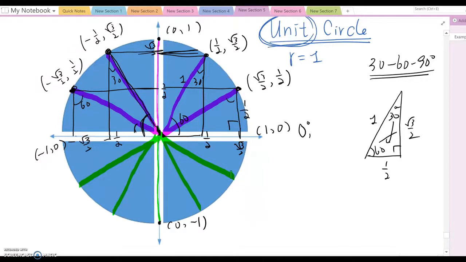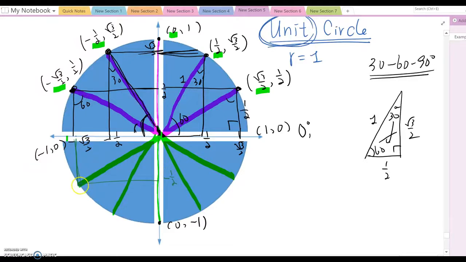Then you may notice that it is always root 3 over 2, 1 over 2, 0, negative 1 over 2, negative root 3 over 2, negative 1. Now for this one, you can make the corresponding value, which is this one, and now this will be negative 1 over 2, right?